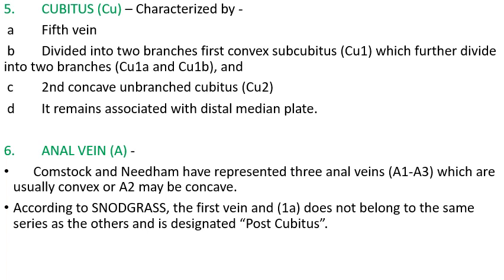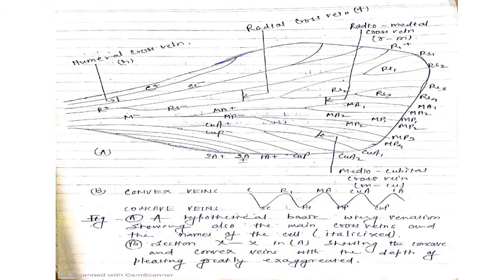So this is the basic plan of the venation given by Comstock. This figure, this diagram, is just to represent the different veins. Here, at the dorsal part, the first is C, the costa. Then CS represents the subcosta, R the radius, and the radial sectors are represented here by RS.